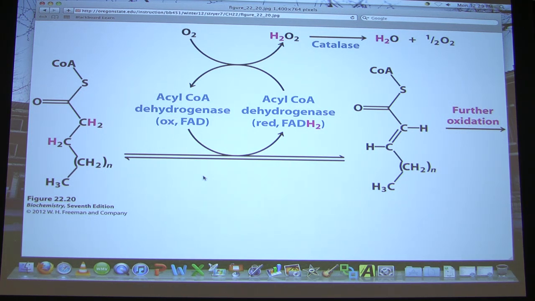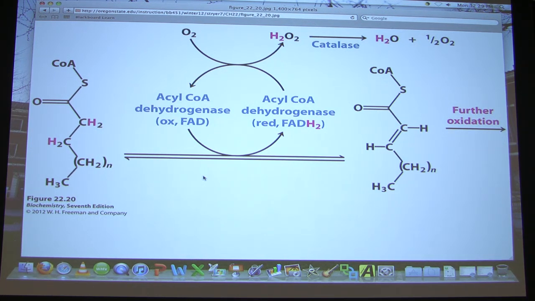There's no electron transport chain in the peroxisome, so the cell's got to have a way of regenerating FAD from FADH2. Okay? The way it does it is by action of an enzyme that adds electrons to oxygen and makes hydrogen peroxide.